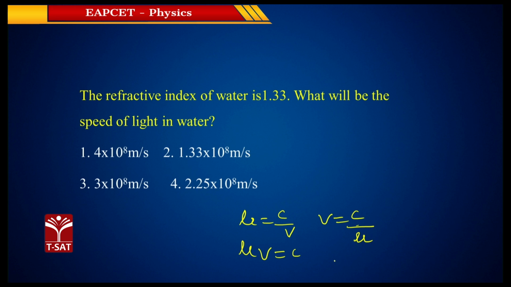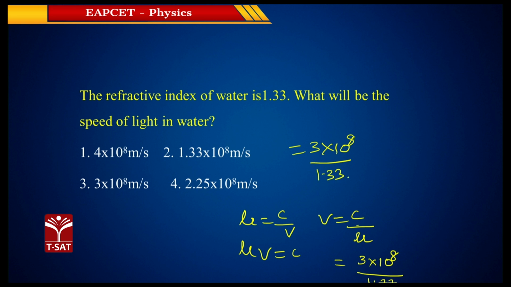What is the velocity of light? 3 into 10 to the power 8 by the refractive index value 1.33.